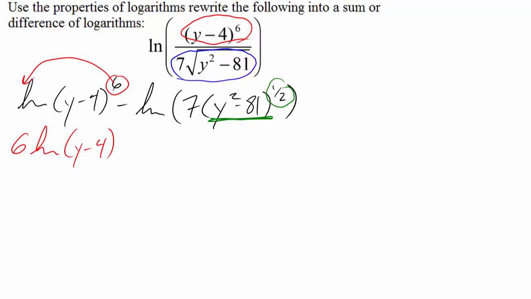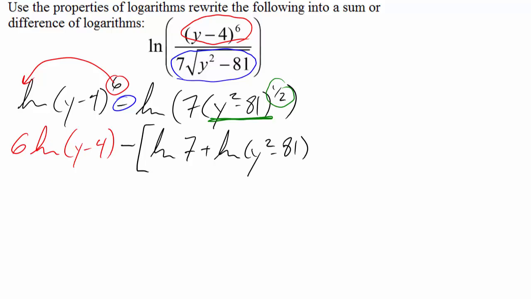Now remember, this is 7 times the quantity y squared minus 81 to the 1/2, but because of the negative sign in front here, when I make that split happen, I'm going to have to think of this as negative, and then inside here we'll have natural log 7 plus natural log of y squared minus 81 raised to the 1/2 power.